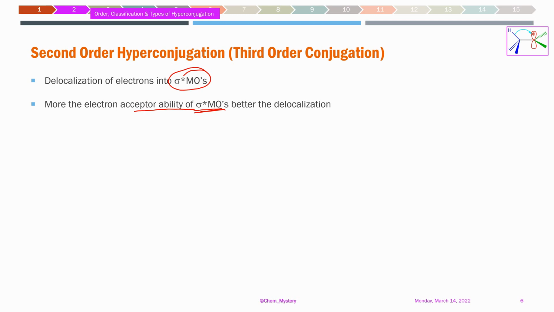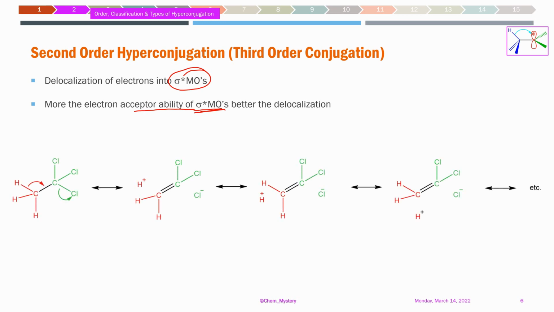So if you see here, these carbon hydrogen bonds are electron rich, and the electrons are present here. These sigma bonded electrons can be delocalized into this carbon chlorine bond. There will be one sigma antibonding molecular orbital along this particular bond, a sigma star antibonding molecular orbital.